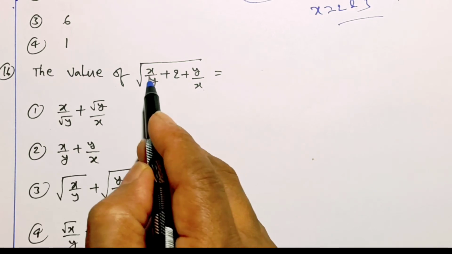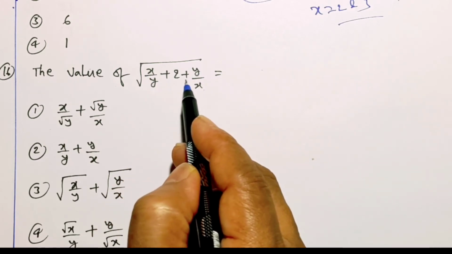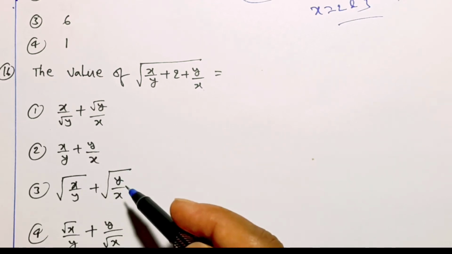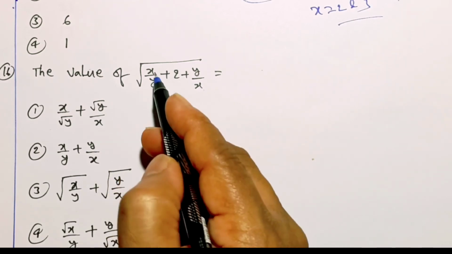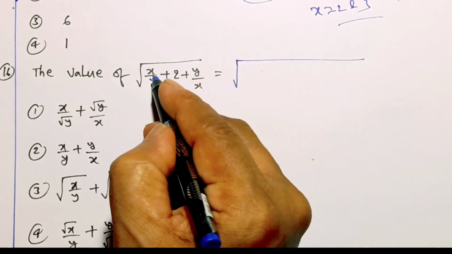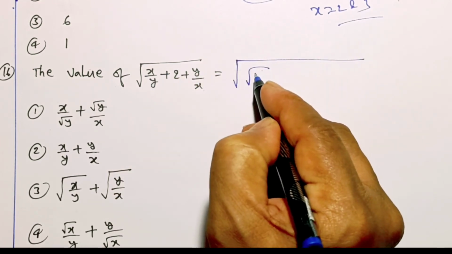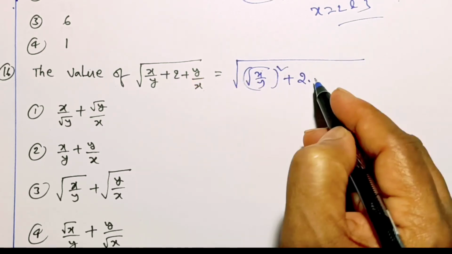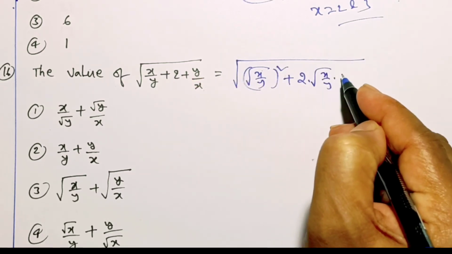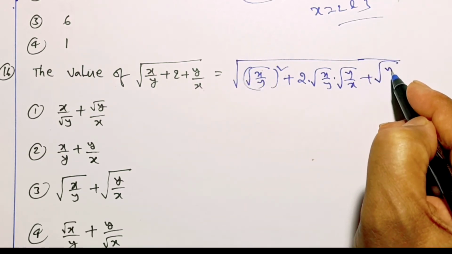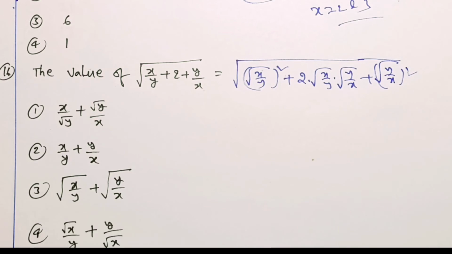Question number 16. The value of under root x by y plus 2 plus y by x equal to how much? We have 4 options. They are almost in roots. Therefore I can write this as root x by y whole square plus 2 into root x by y into root y by x plus root y by x whole square.